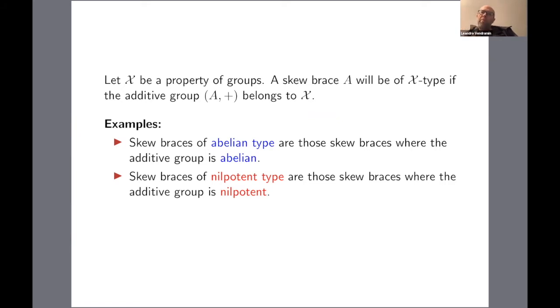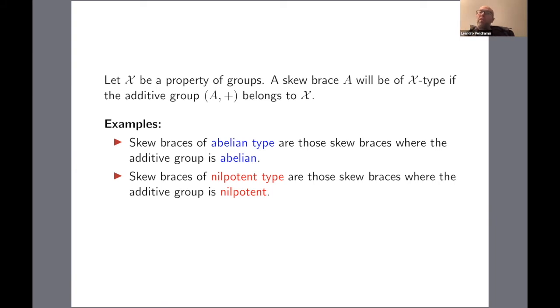If you have a property of groups, say X, I will say that a skew brace A is of type X if the additive group of the skew brace belongs to the class X. So for example, skew braces of abelian type are those braces where the additive group is abelian. And this is essentially what you need if you want to study involutive solutions.